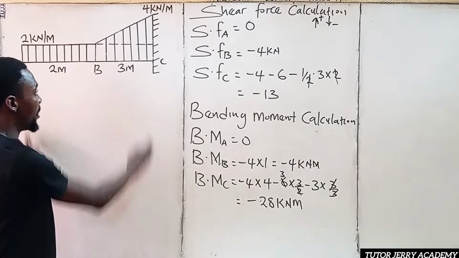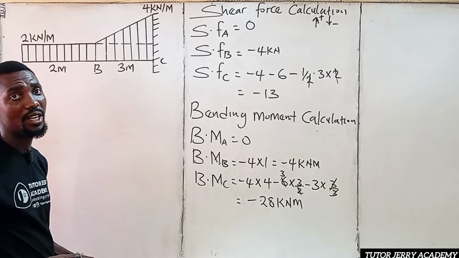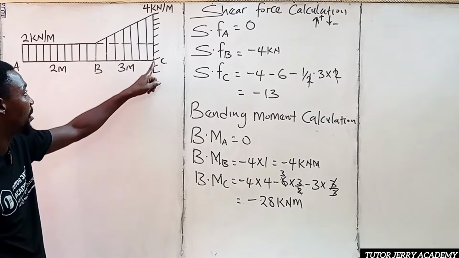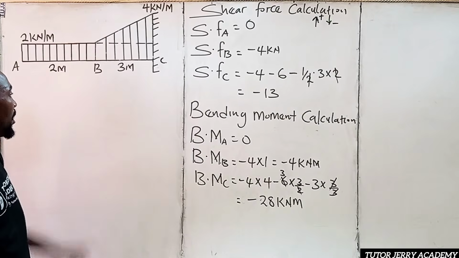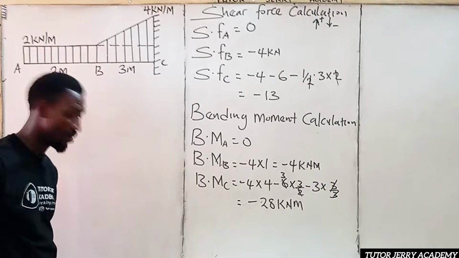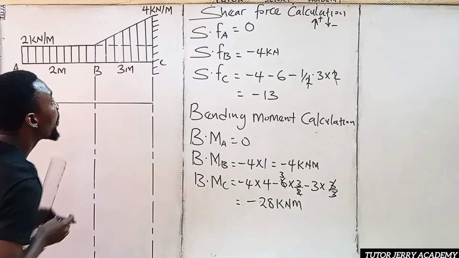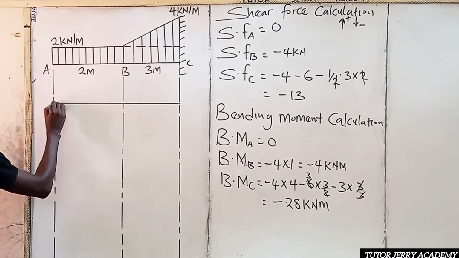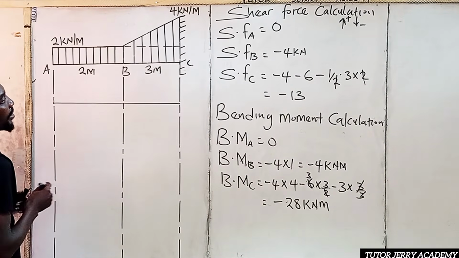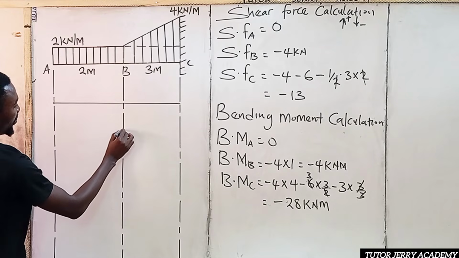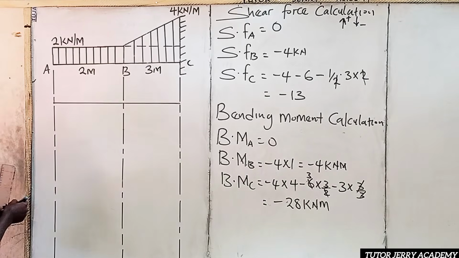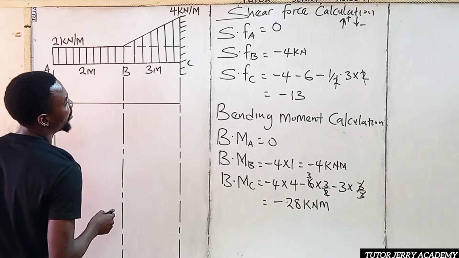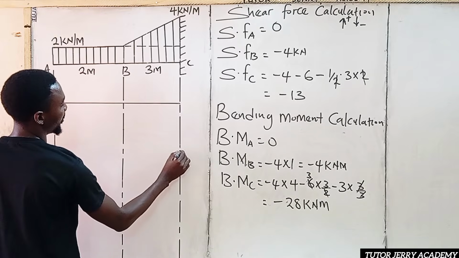Next, we draw the shear force diagram and the bending moment diagram. Every point that is negative, we are going to draw downwards. So we are going to draw our shear force diagram now. The shear force at point A is 0. The shear force at point B is minus 4, and the shear force at point C is negative 13.